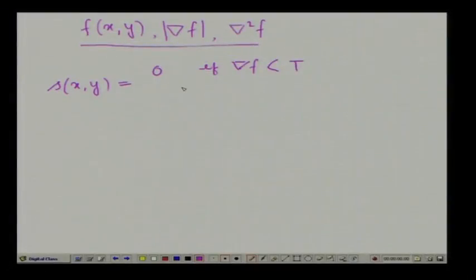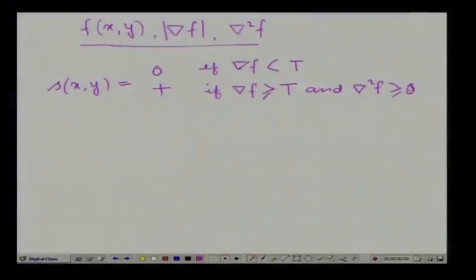So, for such points we are making s x y equal to 0, and we will put s x y equal to positive if gradient of f is greater than or equal to t, indicating that this is an edge point or a point near the edge, and at the same time, if del square f is greater than or equal to 0, which indicates that this point is on the dark side of the edge.